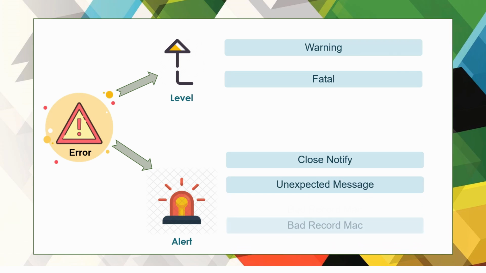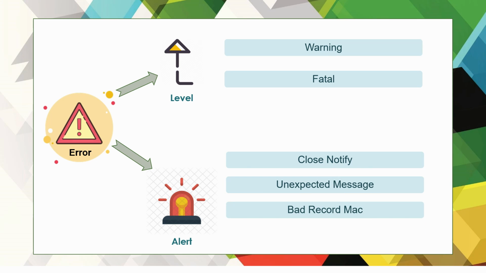The next is bad record MAC. Bad record MAC says that the MAC calculated and appended is wrong. That is, for the sender and the receiver it is not matching. Here, while referring to the MAC, we are referring to the message authentication code which was calculated and appended earlier in the SSL record protocol.